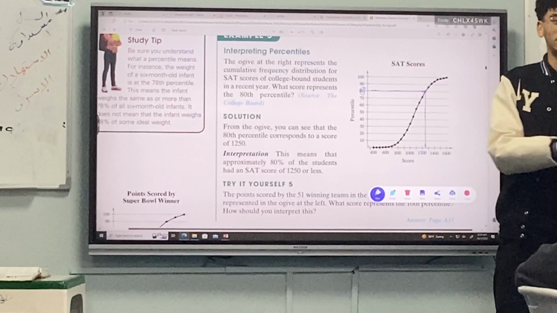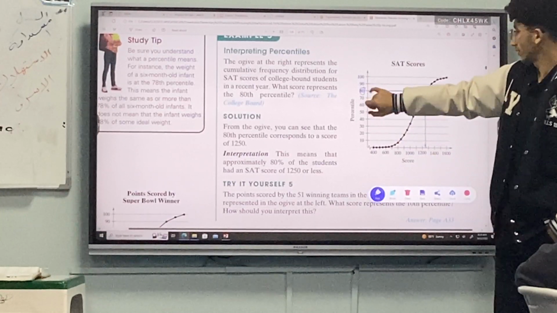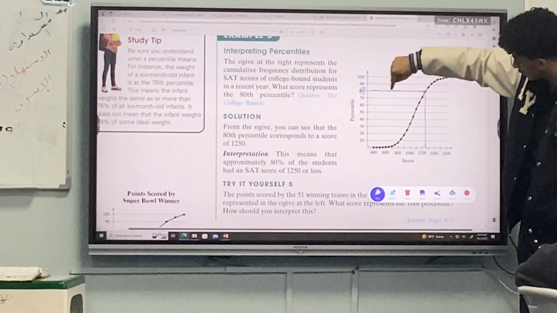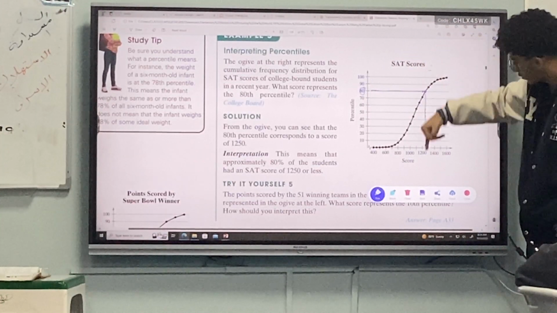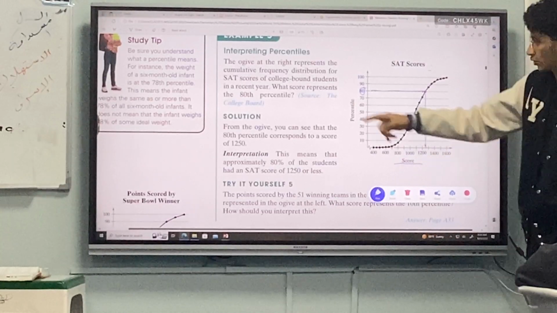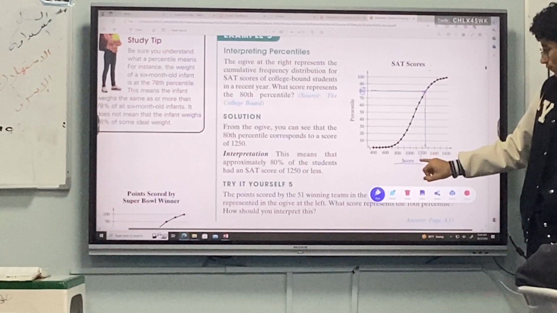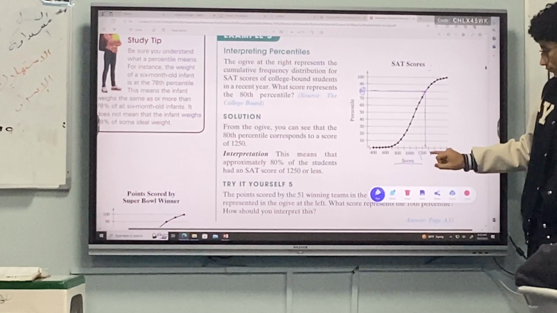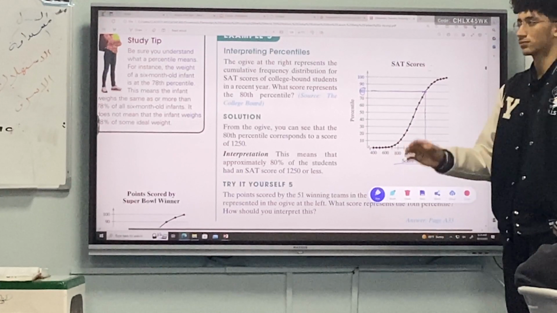So this question is literally as easy as finding 80%, the 80th percentile, and then drawing a line and seeing where it meets the line. Then you go down and see where the score is, because we're looking for what score. So the score is between 1200 and 1300. So it's about 1250.